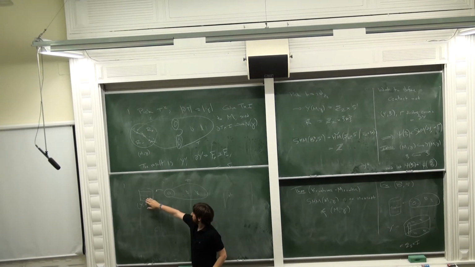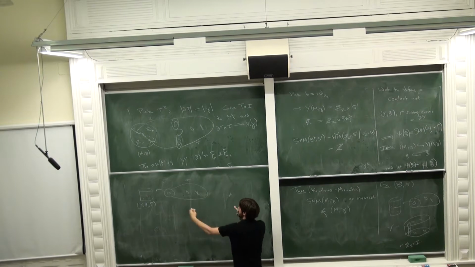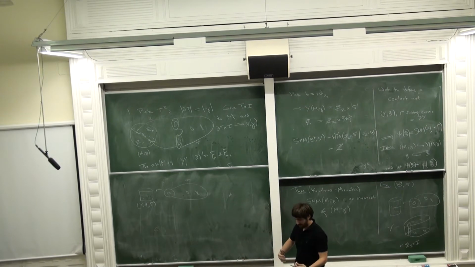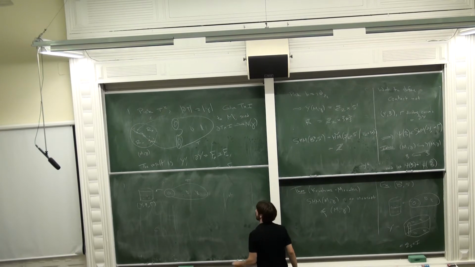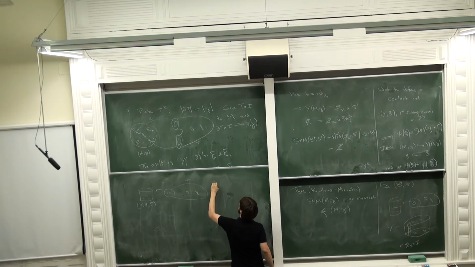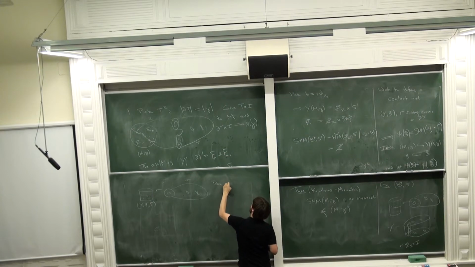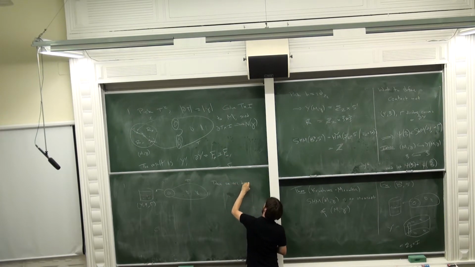And since there's a contact structure on this guy, we'd like to put a contact structure on T times I as well, so that when we glue it together, they're compatible, and we get a contact structure on the bigger thing. So what we'll do is, we'll take a set of arcs, a so-called arc decomposition.